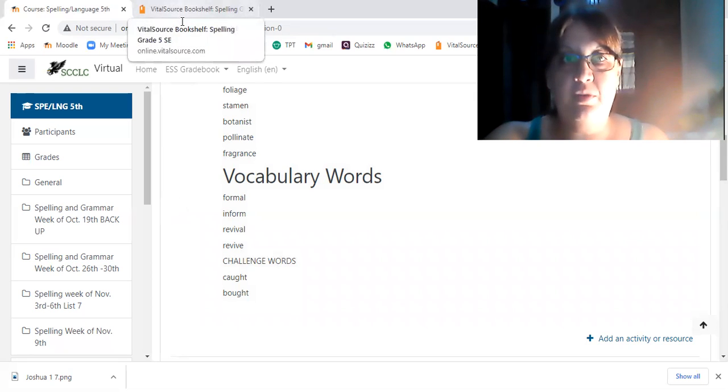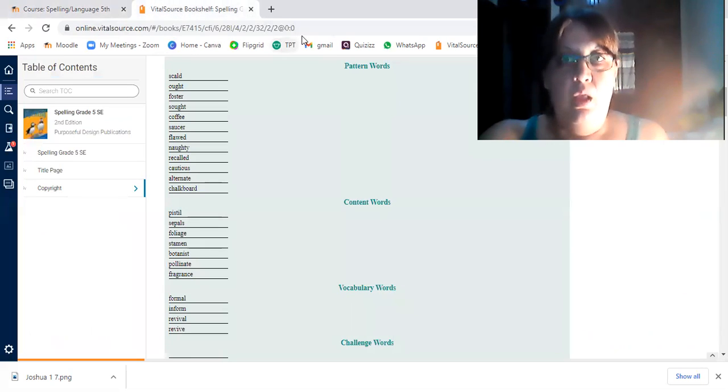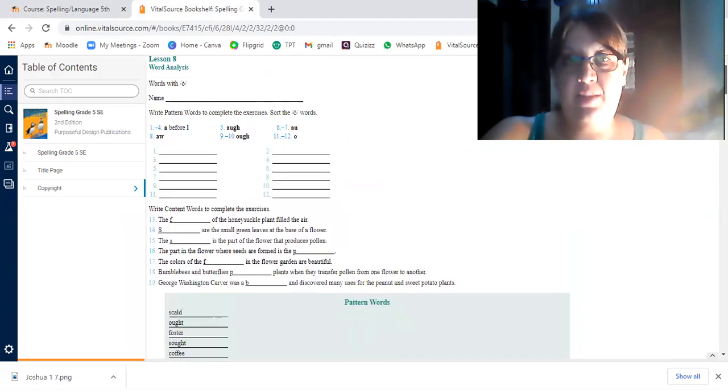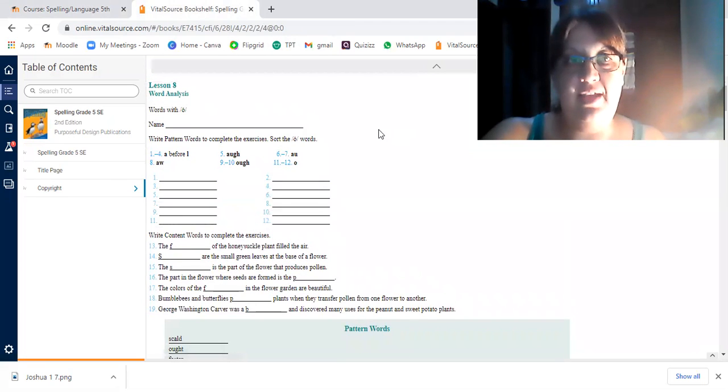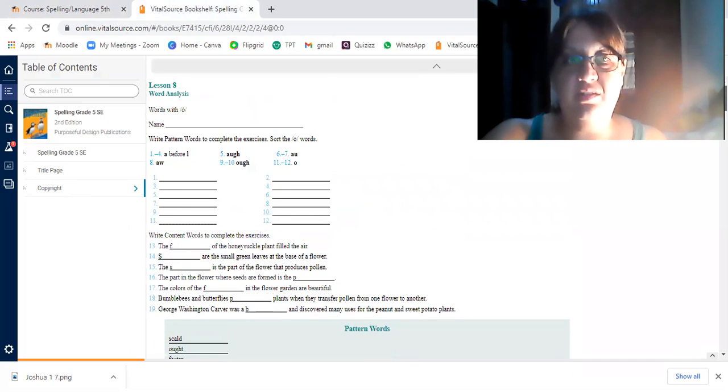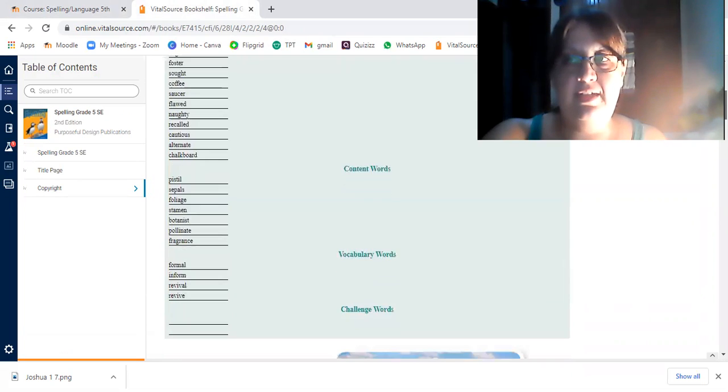All right, now what you're going to do this week is go into your Vital Source bookshelf. You're going to look at chapter 8, where it says lesson 8, word analysis, and you're going to start here and do all of the pages for lesson 8, and you have all the way to Friday to get them all done. So there's this part up here, which is just 1 through 19.